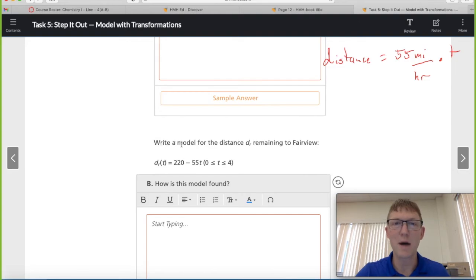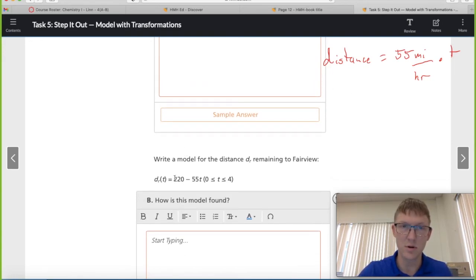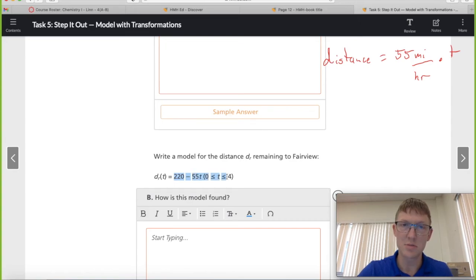So write a model for the distance d_r remaining to Fairview. The closer he gets to Fairview, the less distance he has to go, right? So it's going to be a similar thing, but you just take the total distance, which is 220, and you're just going to subtract the amount that he has already driven, which we have already figured out is 55t.